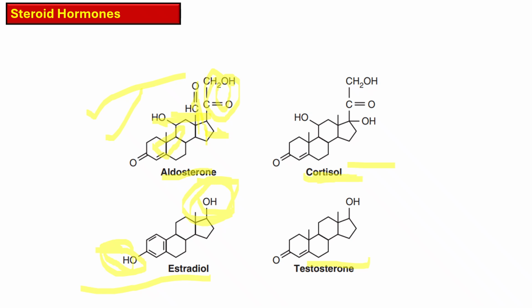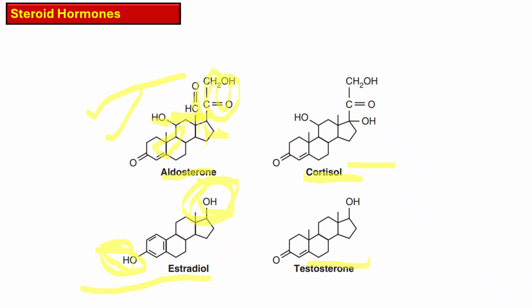This is secreted by the zona fasciculata of the adrenal cortex. It regulates metabolism, suppresses inflammation, and helps the body respond to stress.